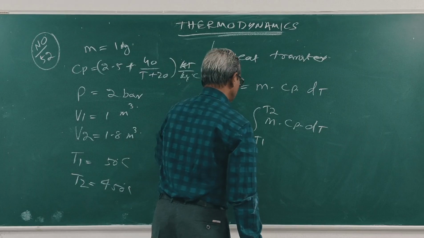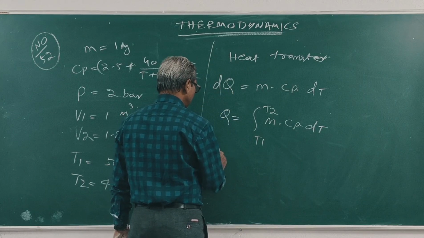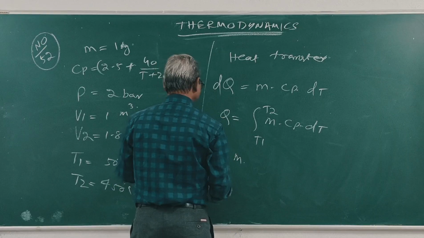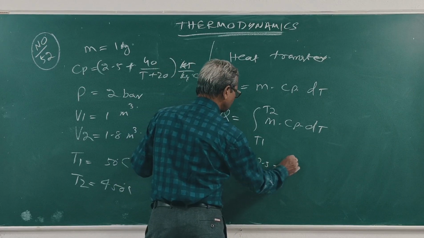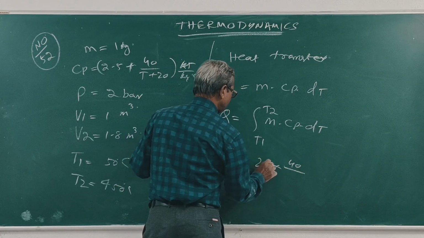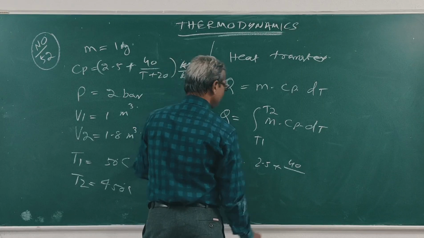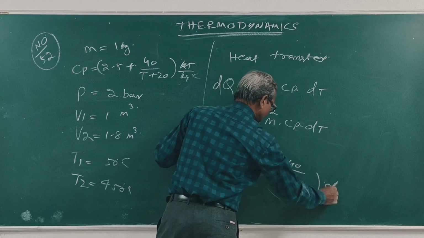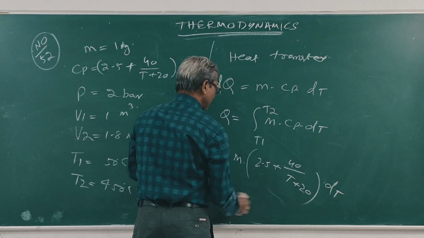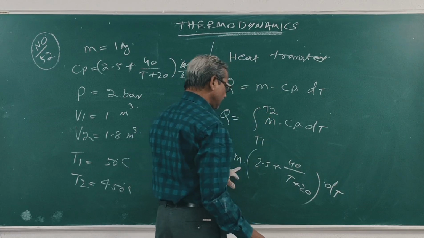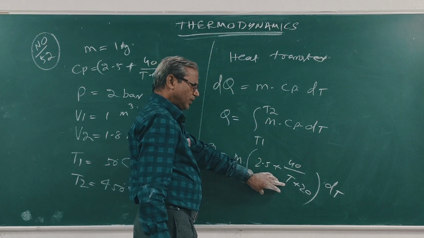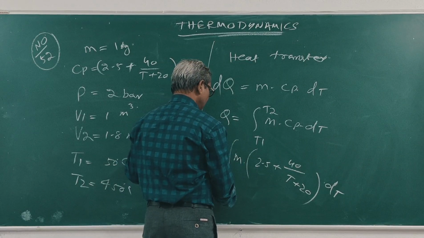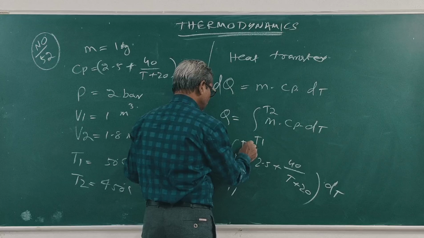So, Q is equal to M into Cp, which is 2.5 plus 40 by (T plus 20) dT. Clear? This is kilojoule per kg per degree centigrade. Limit T1 to T2.